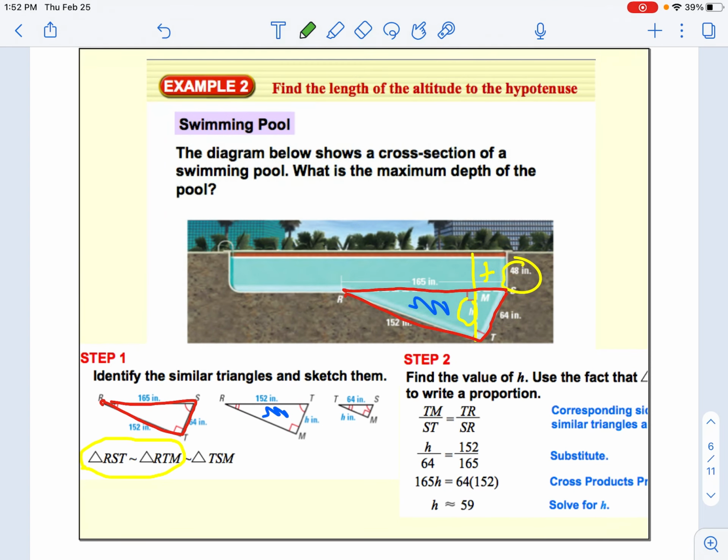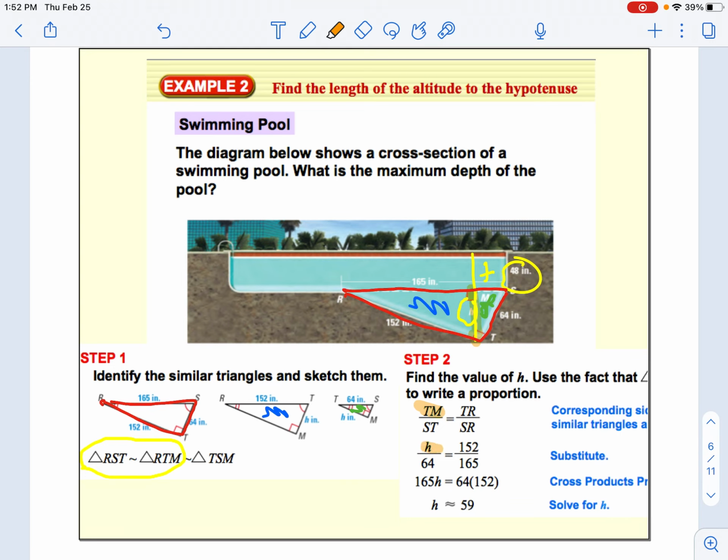And then we have this green one right here. So we want to find the value of H, which happens to be TM. So TM right here is what we're trying to find. That is our H.